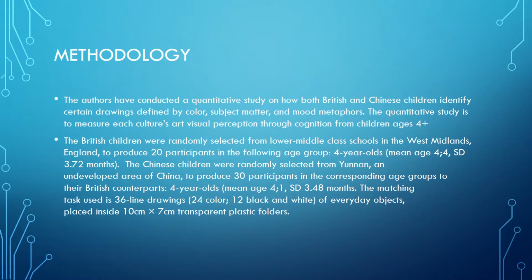They are also 4 years old, so they could correspond with their British counterparts. This was a matching task where 36 line drawings were used, 24 color, 12 black and white, of everyday objects placed inside 10 by 7 centimeter transparent plastic folders.